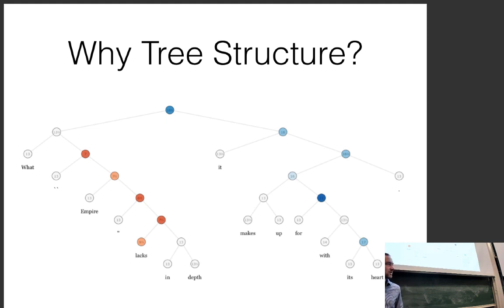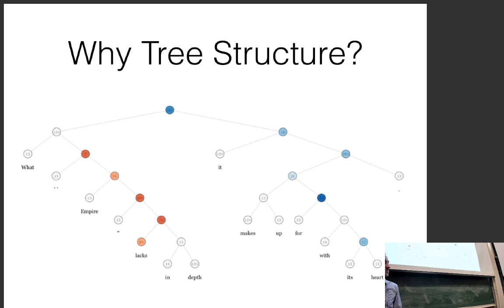An example of this is sentiment analysis. You can come up with examples such as, what this movie lacks in depth, it makes up for with its heart. You see this tree-structured representation of the sentence, where it's combining together words, and you can see this particular subsequence of the sentence is kind of positive, and this particular subsequence is kind of negative.